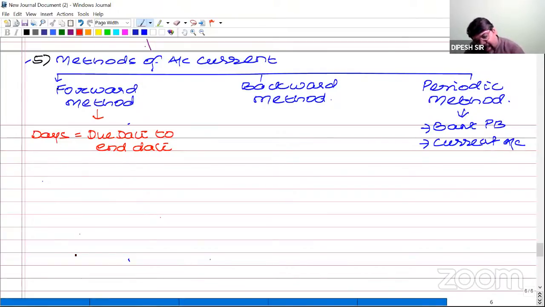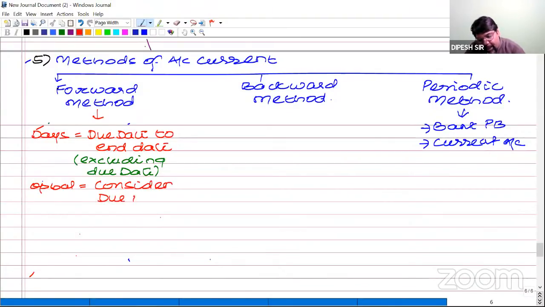Correct? Excluding due date. That means due date you will not consider. On opening balance, consider due date also.